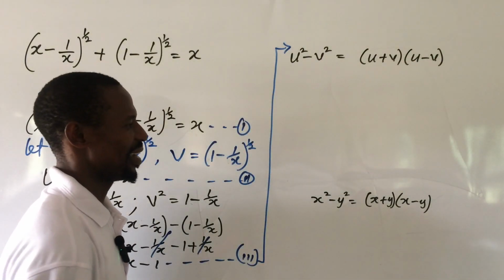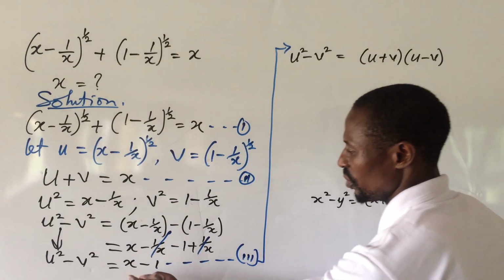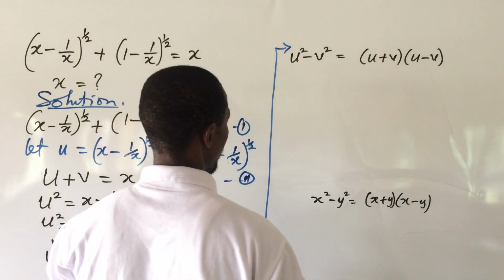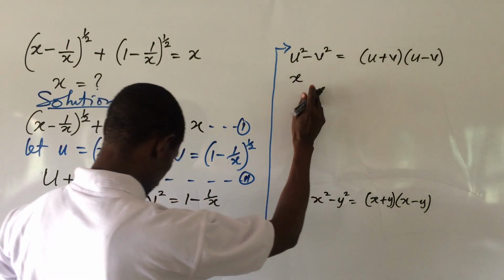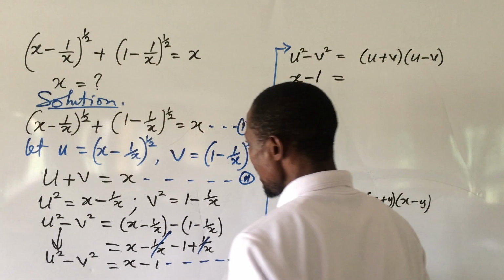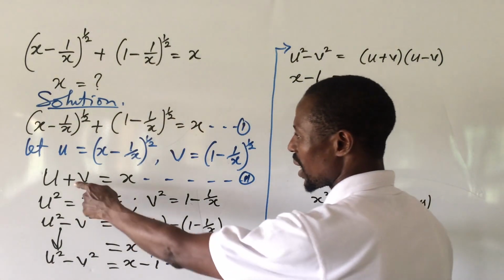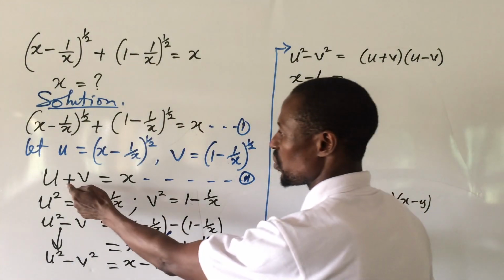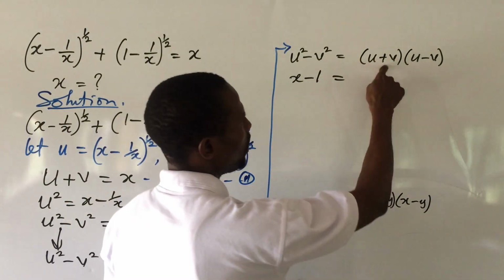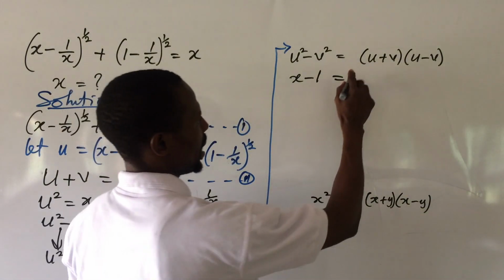Now we have x minus 1 equal to, and if we look at our equation 2, we said u plus v equals x. Here we have u plus v, so we can put in the x.